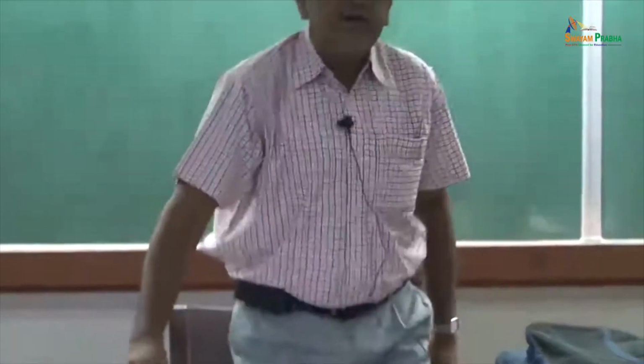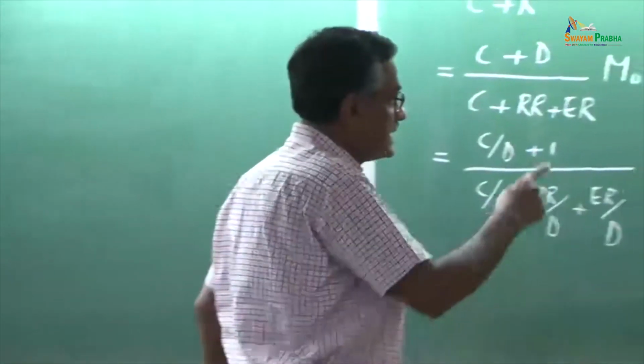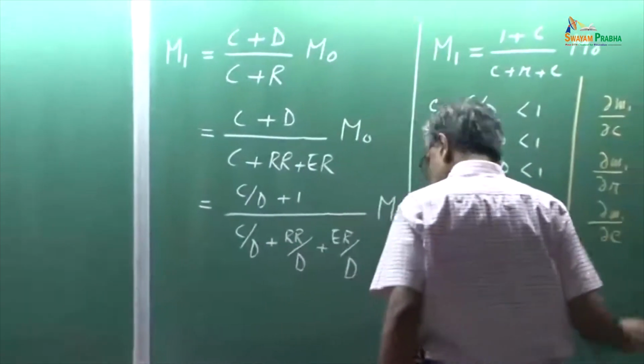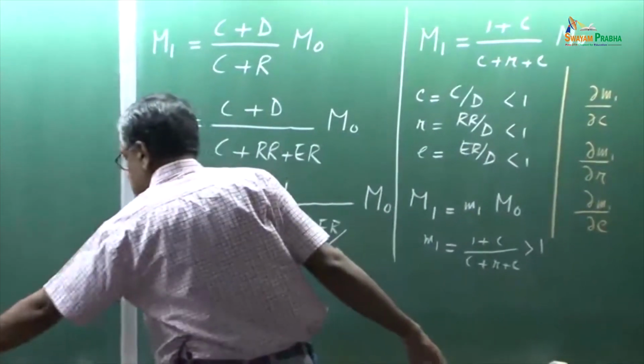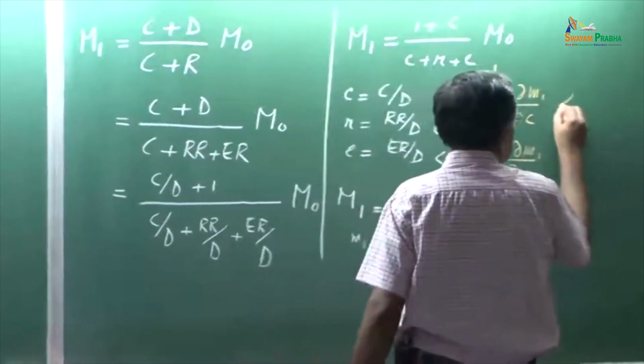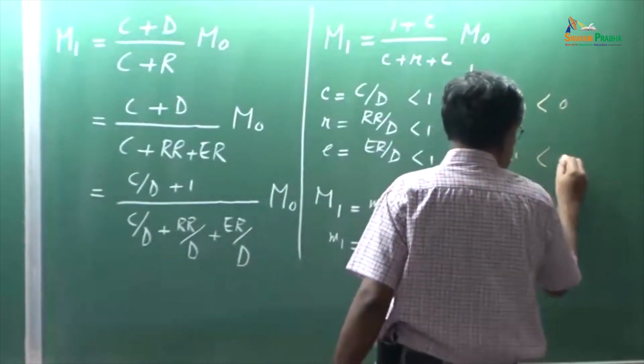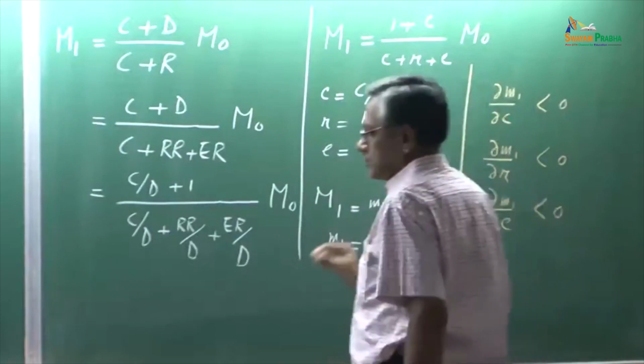So, if E goes up, what will happen to the multiplier? ∂M1/∂E, again negative it will be. The multiplier shrinks. You see that? So, these partial derivatives are very important. This is less than 0, this is less than 0, this is less than 0.